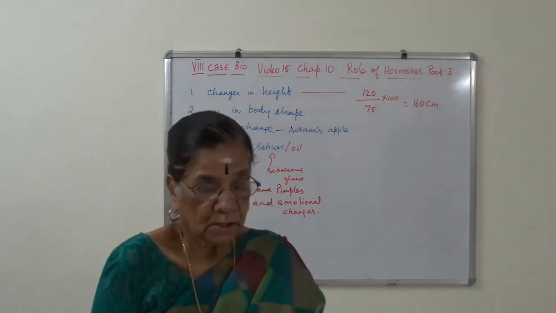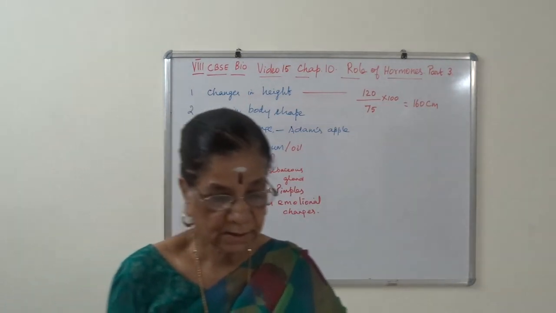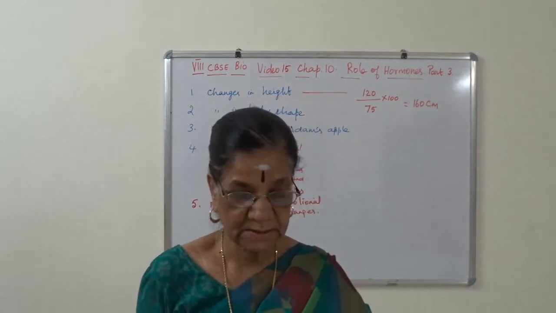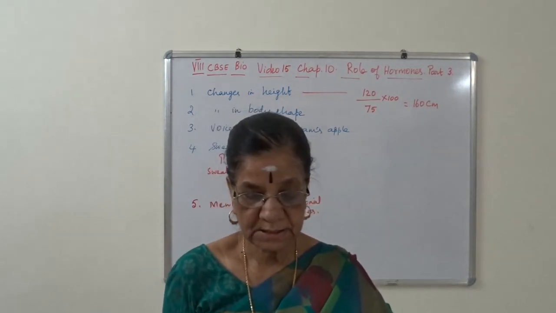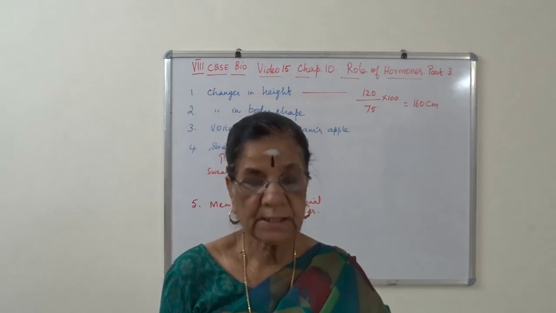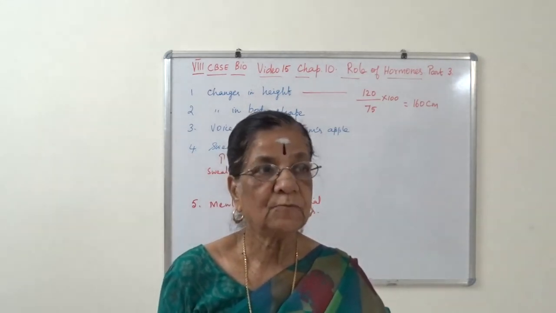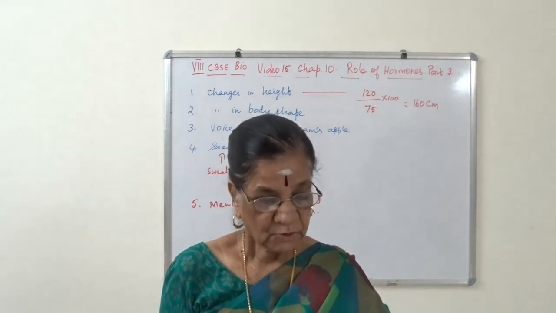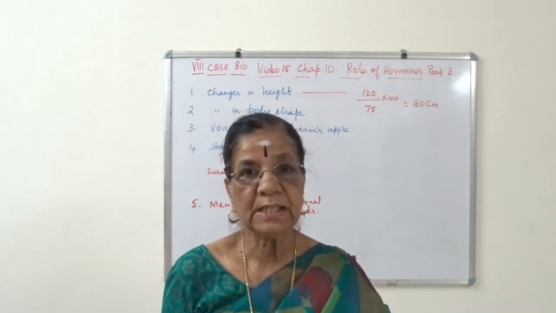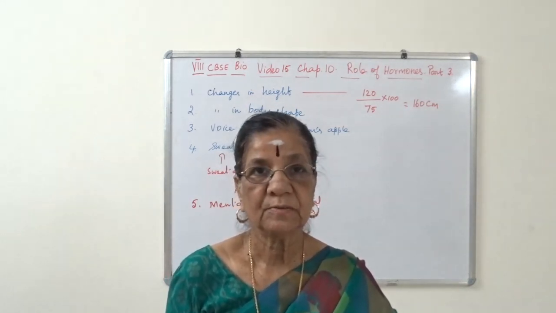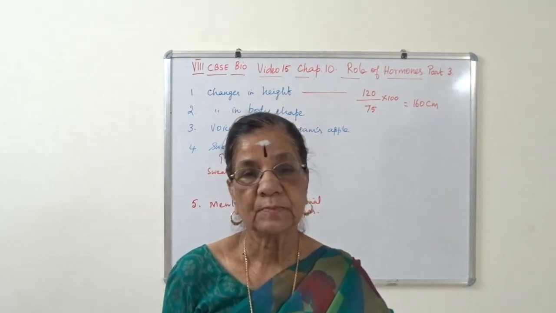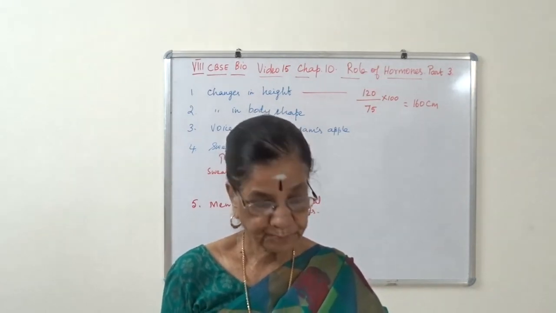The next one, health during adolescence. The body undergoes many changes during adolescence. It is important to take care of the health of the body and mind during this stage of life. So we have physical health and hygiene. I hope you understand. Okay.